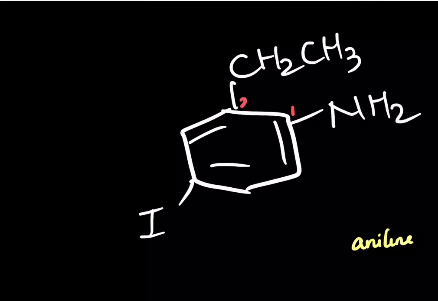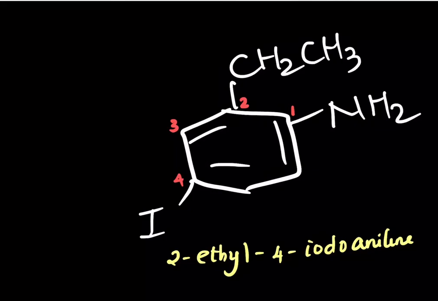Okay, and your next substituent is going to be this, 3, 4, and therefore this is going to be 2-ethyl, listing them in alphabetical order, 2-ethyl, 4-iodoaniline. And it's definitely assumed that the amino group is in position number 1, so you don't actually give the number for it when you write the name.